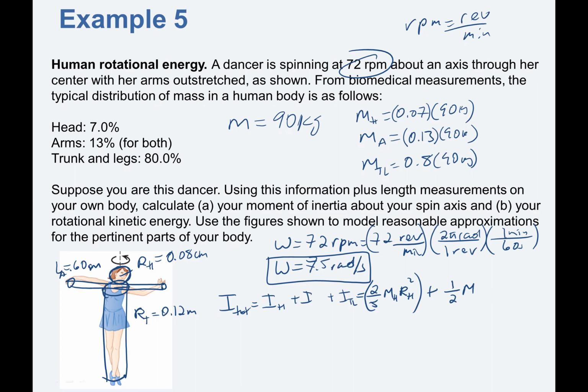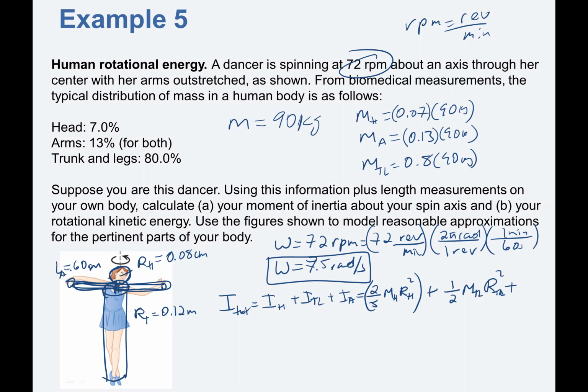Let me change it like this. So this is the trunk and legs, and this is the arms. So it's the mass of the trunk and legs times the radius of the trunk and legs squared, plus the moment of inertia of the arms. And arms are rods rotating, so we have 2 of those, one rotating at one end and another rotating at the other end.